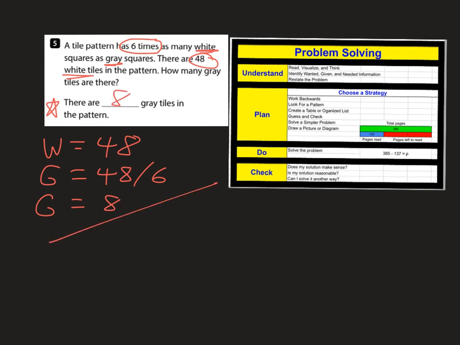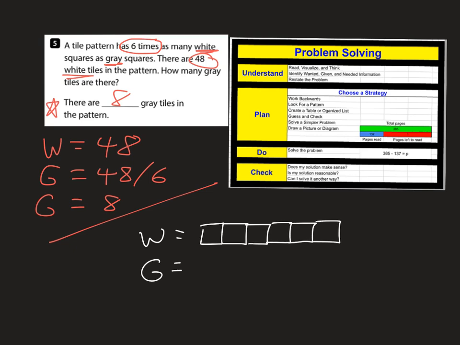All right, let's set it up using the bar model. You have white and gray. White tiles are 6 times more: 1, 2, 3, 4, 5, 6. And here's your gray tiles.